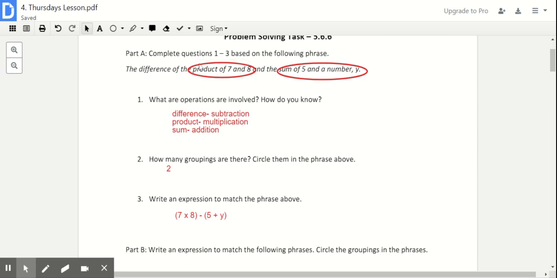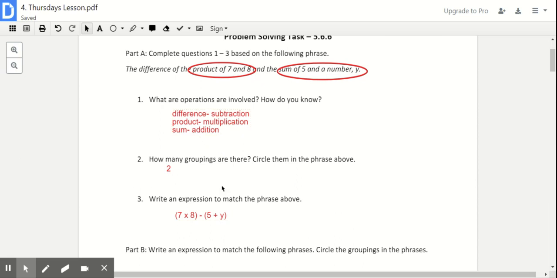So realize that we need to make sure that we are using this phrase first because it's asking us the difference of this product and this sum, okay? And then, of course, when we are setting this up, realize I made sure to multiply my first phrase in this expression because it's asking us for the product. And I made sure to do adding for the second phrase because it's asking for the sum.